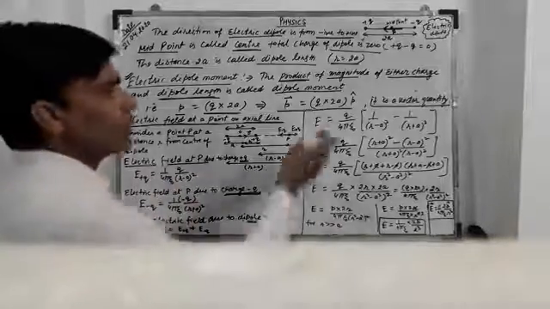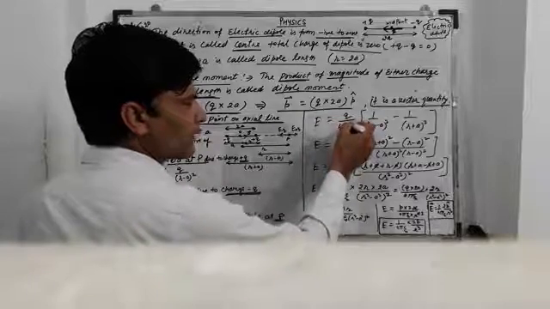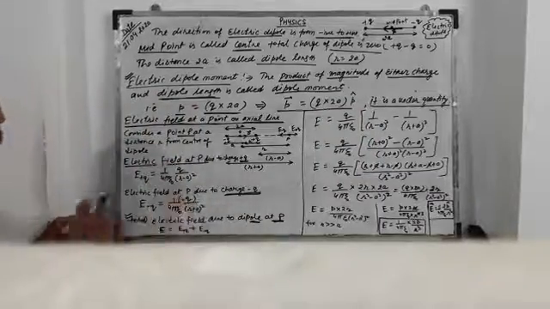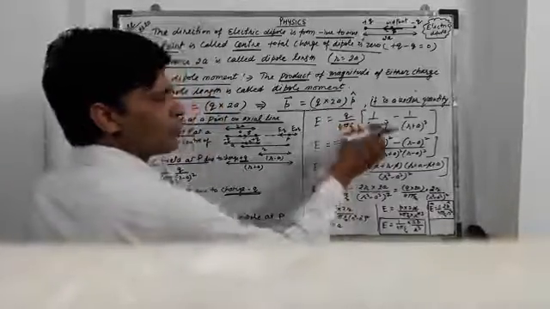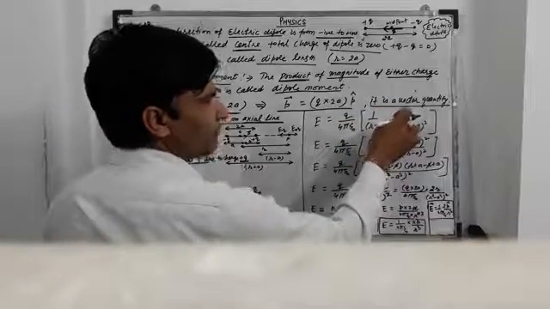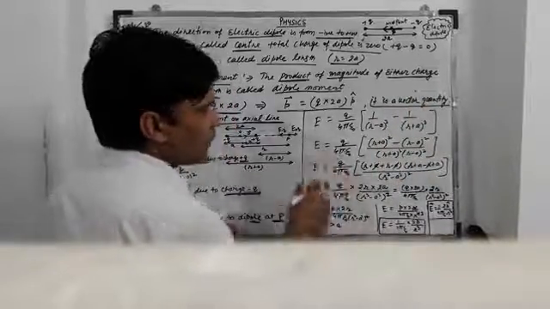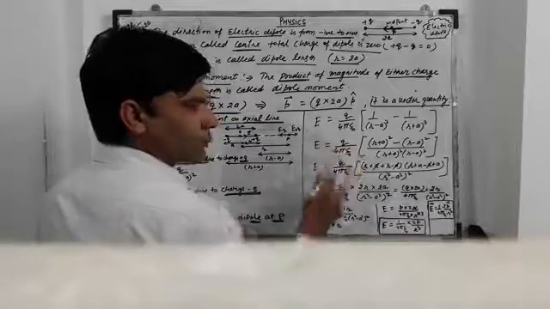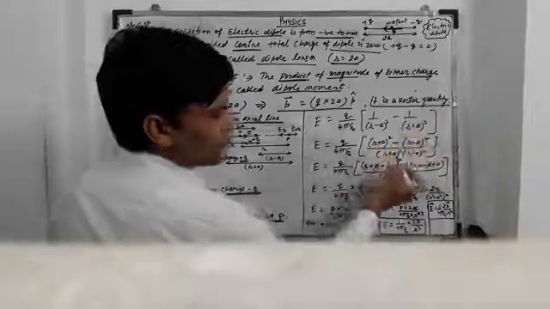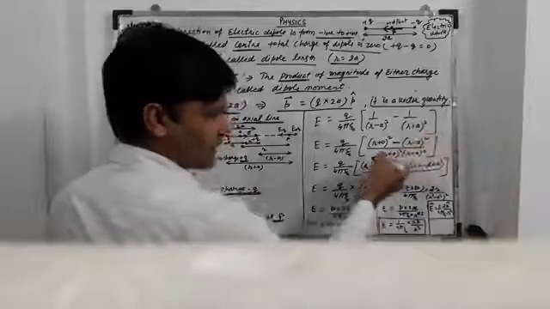By putting the values we get E is equal to q upon 4 pi epsilon naught. This quantity is constant in both, so we take it common. Then we have 1 upon (r minus a) square minus 1 upon (r plus a) square. By taking the LCM we get (r plus a) square minus (r minus a) square.